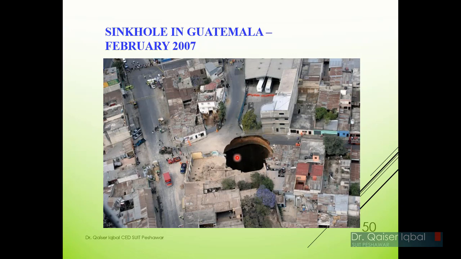So the carbonates can dissolve under the ground, okay, and only a thin surface is left on the top, and if this carbonate dissolves too much underneath, it suddenly gives up and the whole soil basically collapses inside.